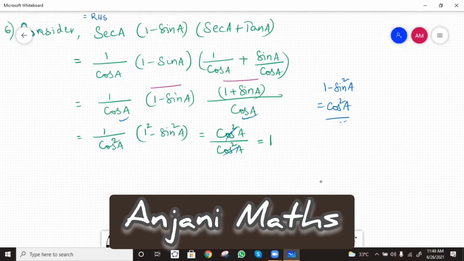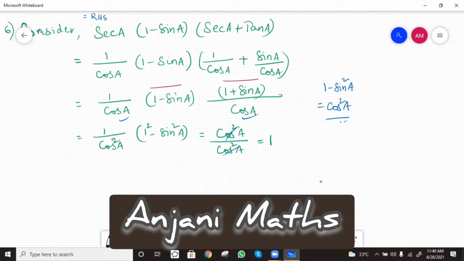What is the denominator in the third term? For all the terms of the third one, we have the denominator cos A, so cos A is common. And in the numerator, we have 1 plus sin A. What is 1 minus sin A into 1 plus sin A?